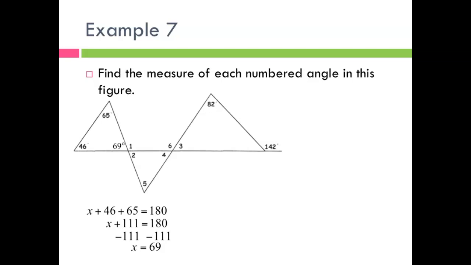Angle 2 is vertical angles with this 69-degree angle. So that means those two must be equal to each other. So angle 2 is 69 degrees. Now to find the measure of angle 1, we can say, well, angle 1 and the 69-degree angle, they form a linear pair, so they must equal 180. So angle 1 plus 69 is equal to 180, which gives us angle 1 is equal to 111.